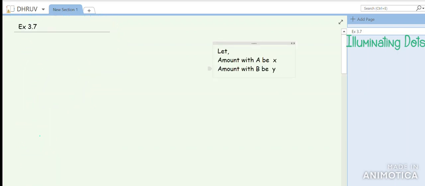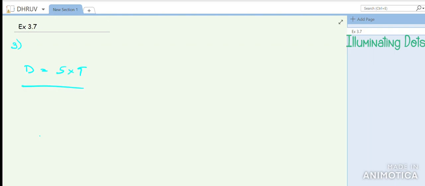This was the second one. Now I won't be starting with the third one because it has already been more than 20 minutes here, so we will just leave it here. For the third one, I will just give you a hint on how to solve it. You have to use the formula distance is equal to speed into time. This question is similar to exercise 3.5, fourth question's fifth part.